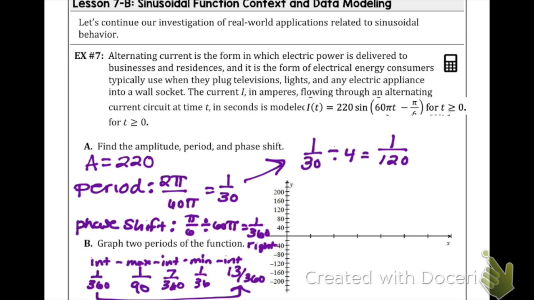Okay, so now we got to figure out how we're going to label our x-axis.